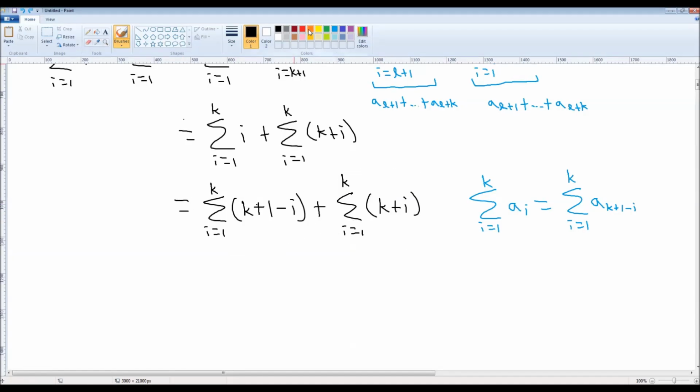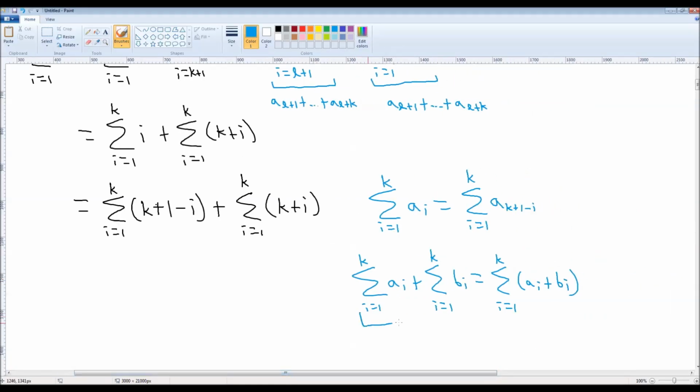And so we're going to use another law here. Let me write it in blue. We're going to use the law that if you have the sum from 1 to k of a_i plus the sum from 1 to k of b_i, this is the same as the sum from 1 to k of a_i plus b_i.